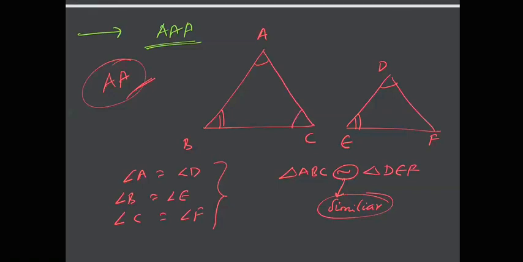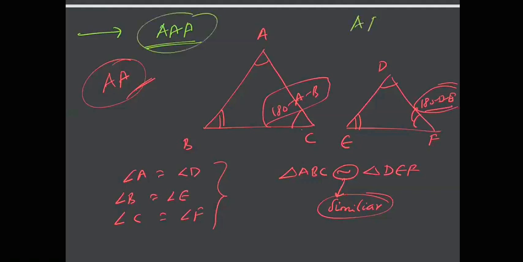So angle C will be equal to 180 minus A minus B, and angle F will be equal to 180 minus D minus E, which will be equal because A is equal to D and B is equal to E. So automatically angle C will be equal to angle F. So if only two angles are equal in two triangles, then also we can say that those two triangles are similar.